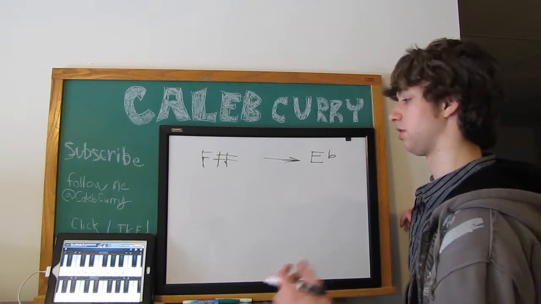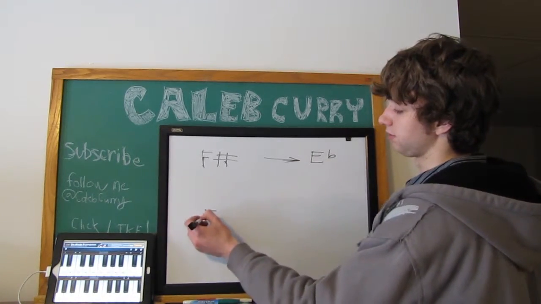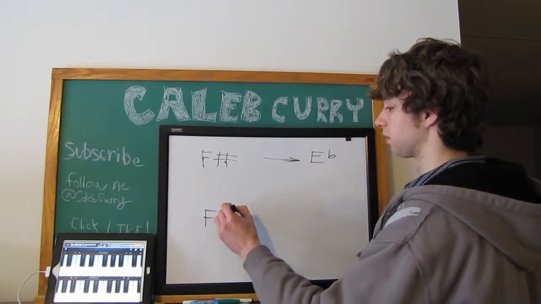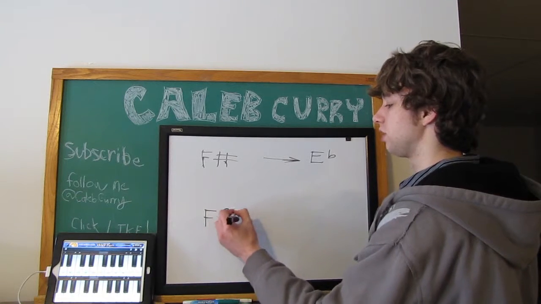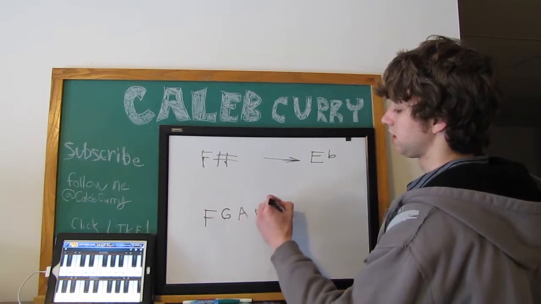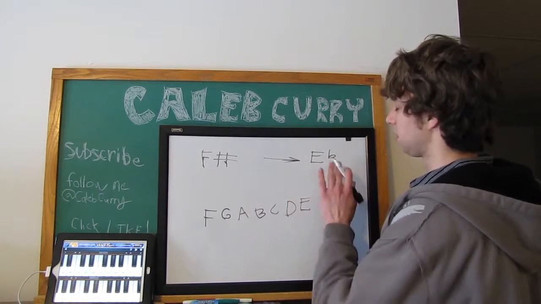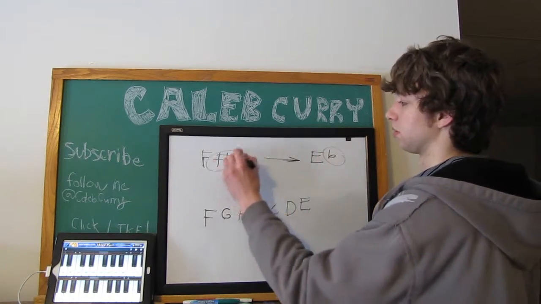Let's create an imaginary scale of all the natural notes. F. What's after F? We're going in ascending order, which is up. F, G, A, B, C, D, E. Remember, we're going to ignore these. Just ignore them for now.